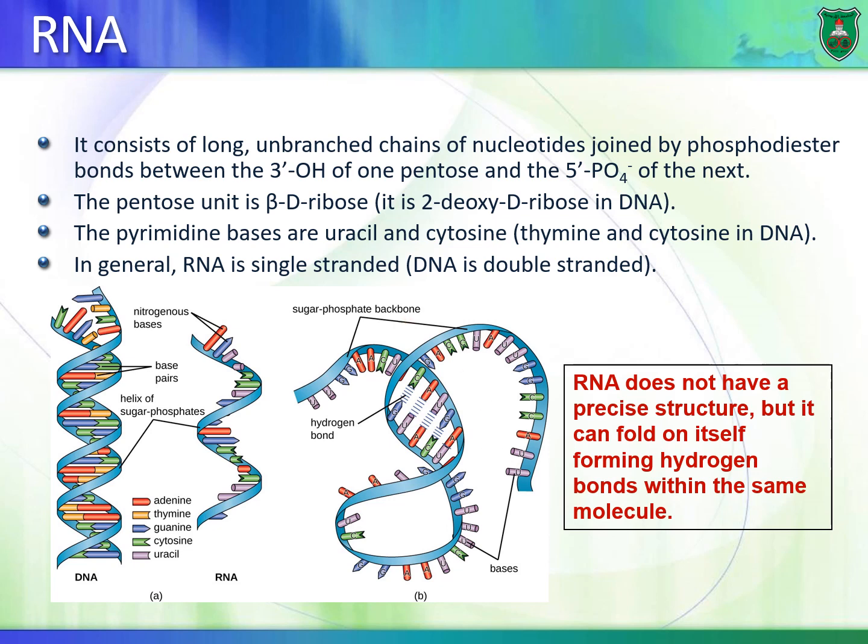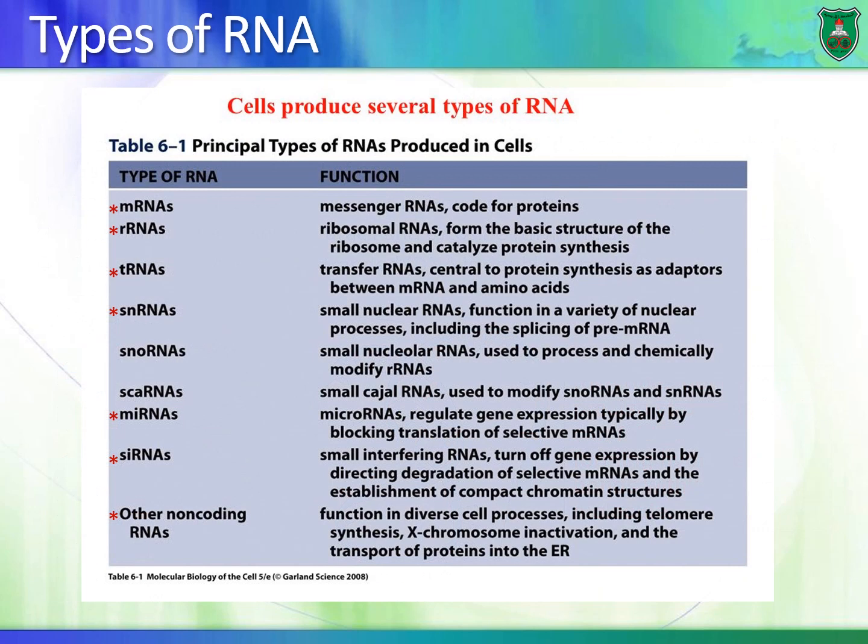Now, RNA does not really have a precise structure. So it's different from one RNA molecule to the other. So it's different than DNA again. There are different types of RNA molecules in our cells. Maybe 20 or 30 years ago, we only talked about 3 types of RNA molecules: messenger RNA, rRNA, and tRNA.